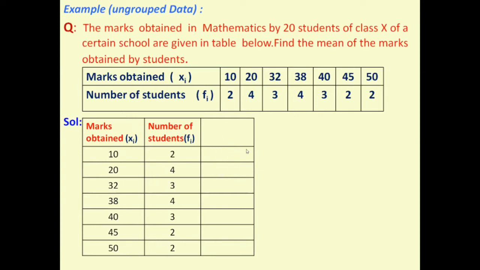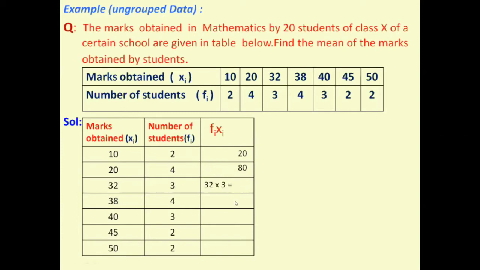But what to do in the next column? In this column, we have to find fx. We have to multiply f and x. First column, first row, second column, first row: 10 and 2. By multiplying 10 and 2, we get 20. The product of the next, 20 and 4, is 80.